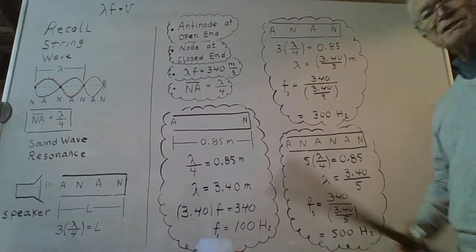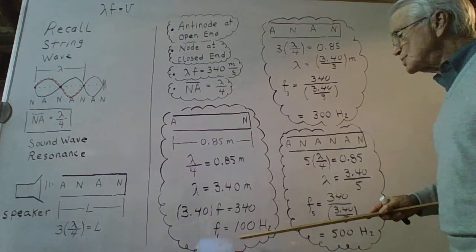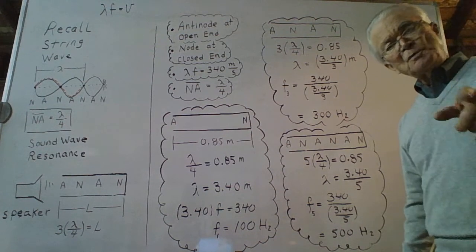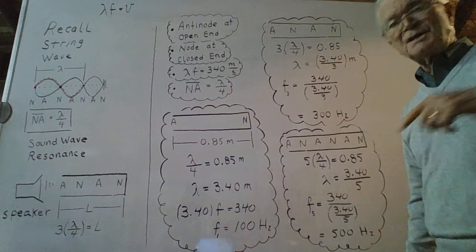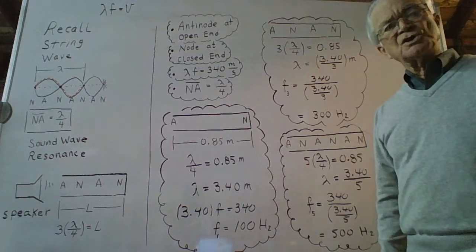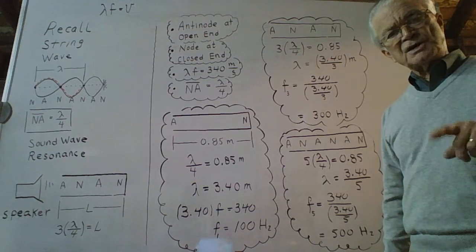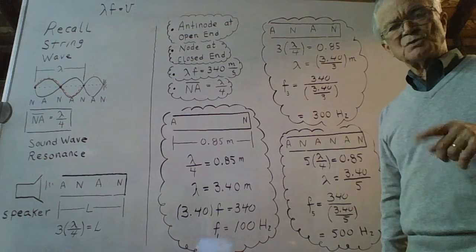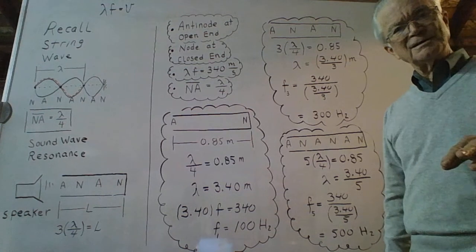That lowest frequency we've already found is 100 hertz. So in the open tube you'll next see, in the next lecture, the frequencies that will resonate are 200, 400, 600, 800, 1000, 1200, and so on. Got it?